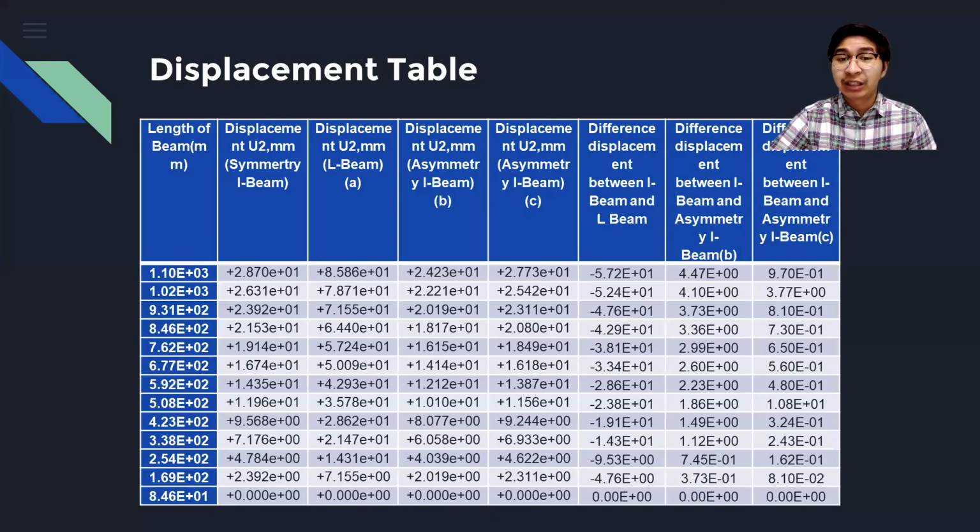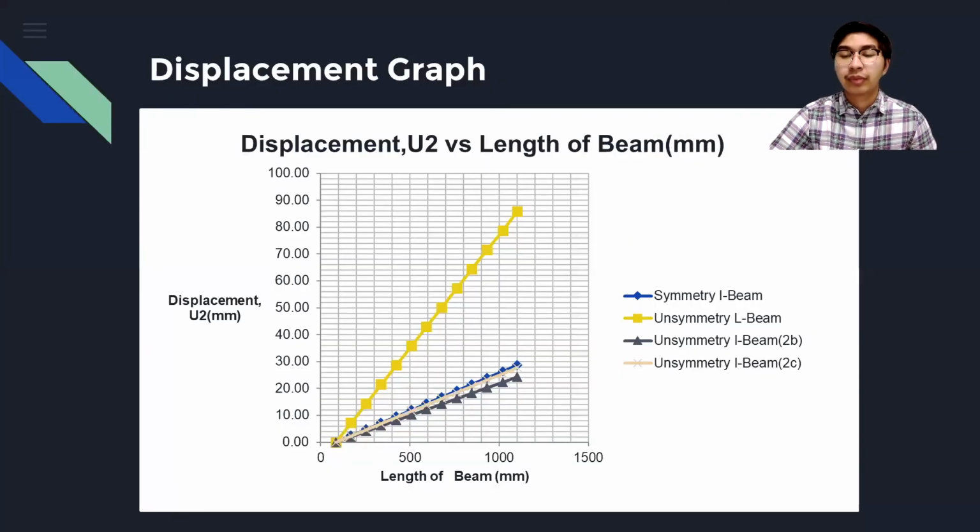From all the obtained maximum deformation data, the largest value of maximum deformation at the end of the beam is on the L-shaped beam, and the smallest value is on unsymmetrical I-beam 2B. As a result, we can conclude that unsymmetrical I-beam 2B has the smallest maximum deformation of 24.23 millimeter at the end of the beam, when the beam is applied with 80 Newton per millimeter distributed load on top of the beam.